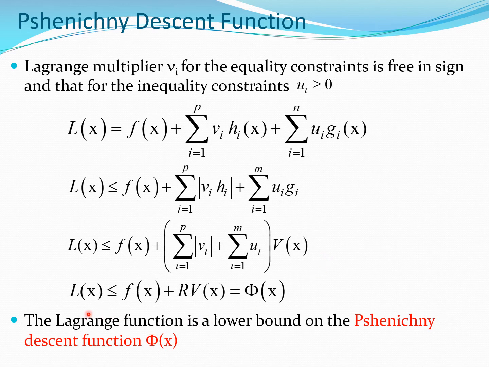So therefore we can finally write the expression L(x) is less than or equal to this function f of x plus R V(x), and we will call this composite function phi of x, which is the Pschenichny descent function. So this expression tells you that the Lagrange function is a lower bound on the Pschenichny descent function, which you can see here. So L(x) is less than or equal to phi of x.